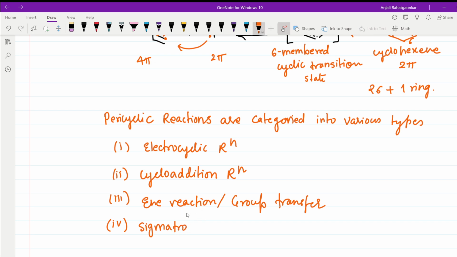So anyway, sigmatropic rearrangement reactions, because the rearrangement takes place over here. And then the chelotropic reactions.